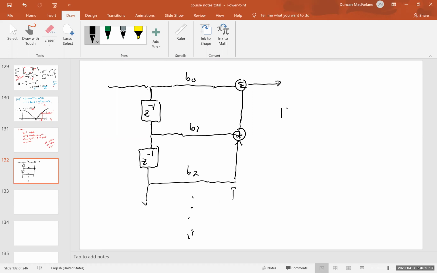And if I do this, my transfer function as a function of the delays, if I do this m times, I'm going to have a summation of delayed signals.